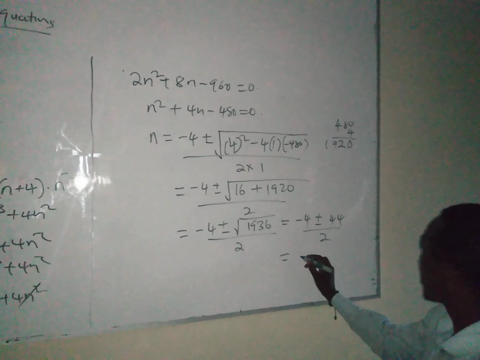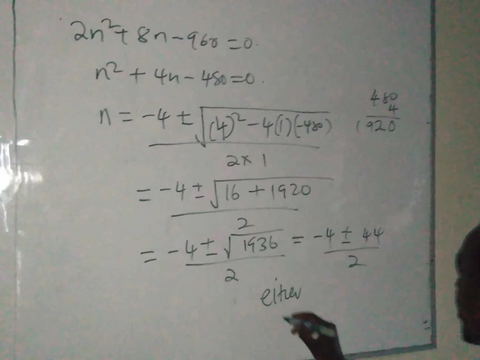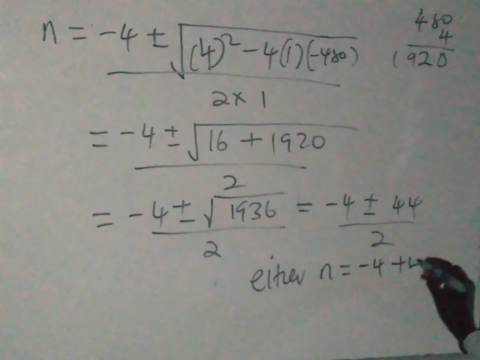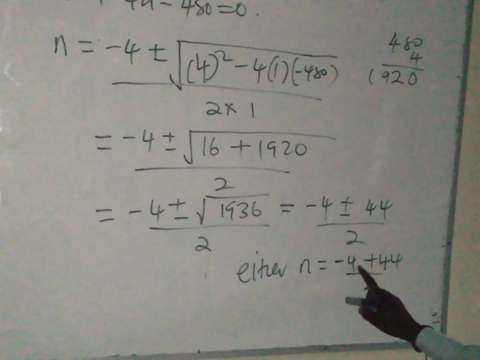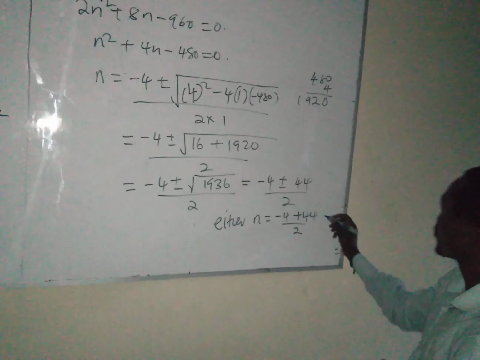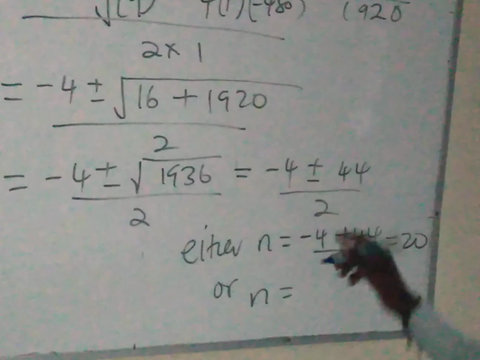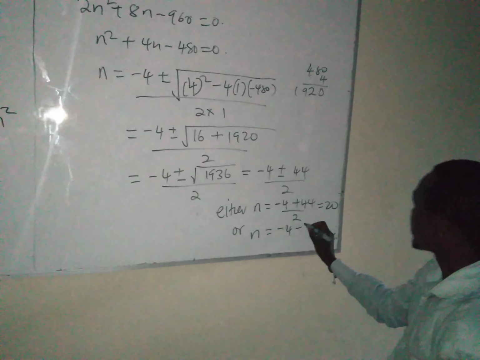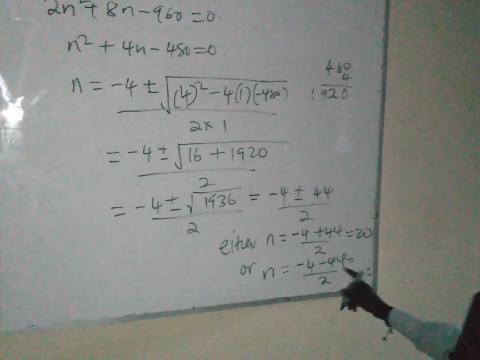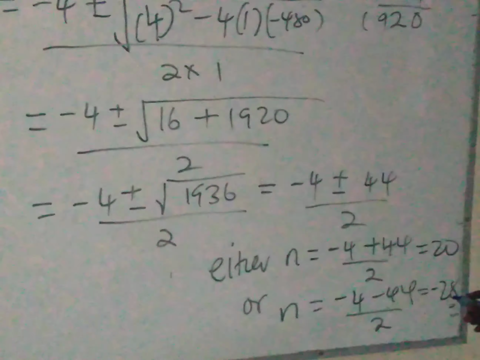So this gives me either n equals minus 4 plus 44 divided by 2, which is 40 divided by 2, 20, or n equals minus 4 minus 44 divided by 2, which is minus 48 divided by 2, which is minus 24.